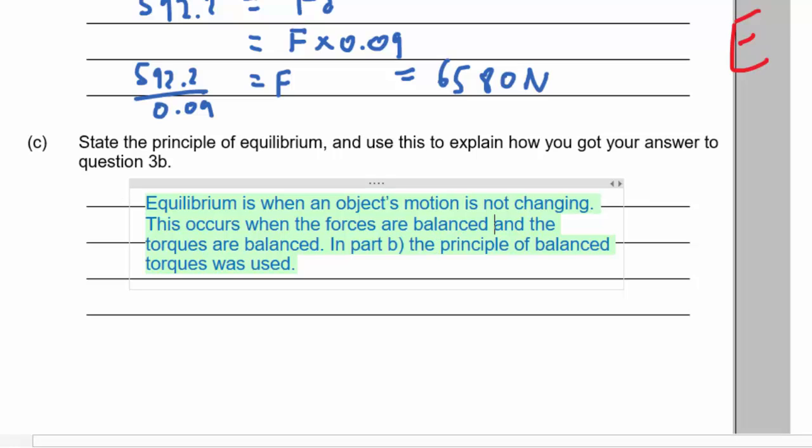Okay, you needed this to be able to answer the question B, because over here I said torque anti-clockwise equals torque clockwise, and that's how you solved it. So the total forces must add to 0 and the total torques must add to 0, or you can say they're balanced. That there is worth a merit.